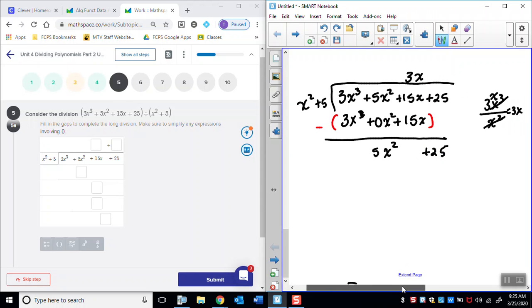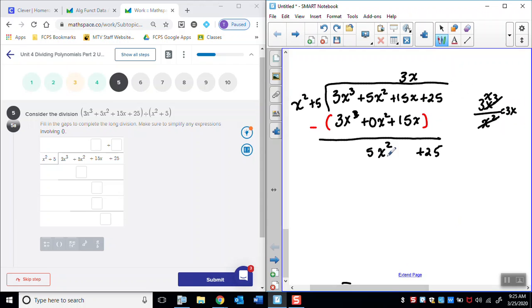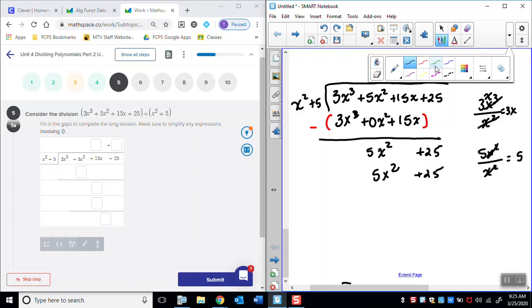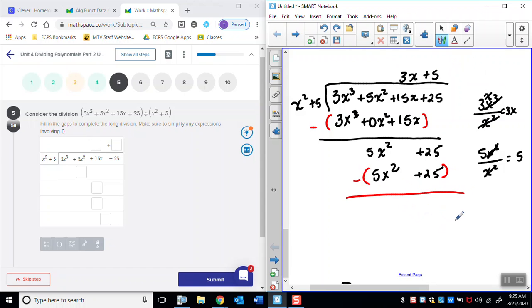Now I'm going to divide this out, so you have 5x squared divided by x squared, and the x squareds get crossed out and you have a 5. And then I'm going to write that here. Multiply it back out. 5 times x squared is 5x squared. 5 times 5 is 25. And then when we subtract these out, everything gets zeroed out. So I have a remainder of 0.